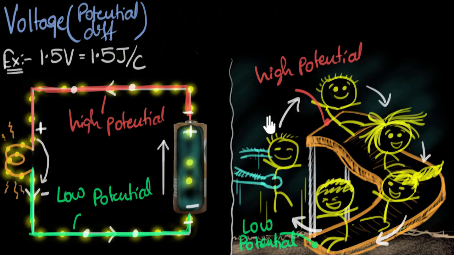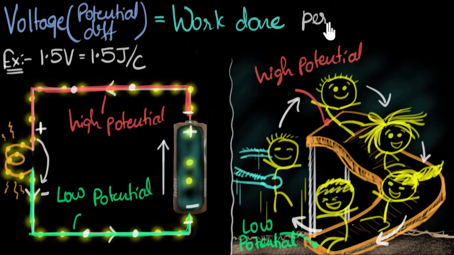In physics, whenever you transfer energy, we say you are doing work. That's it. So over here, we can say the battery is doing 1.5 joules of work per coulomb that it transfers, right? And so from this, we can now say voltage also tells us how much work is being done. Work is being done in transferring charges from one point to another per coulomb. Per coulomb. That's it.